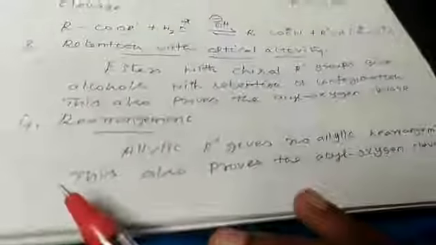So finally, rearrangement. In ester, this R prime is allyl group means some rearrangement is possible. But in this case, there is no allylic rearrangement is possible in this mechanism. This is also proves that acyl oxygen cleavage is done in alkaline hydrolysis.